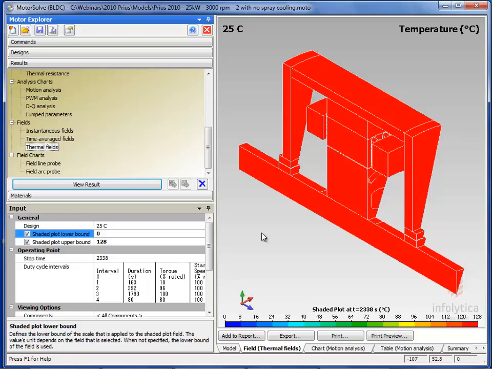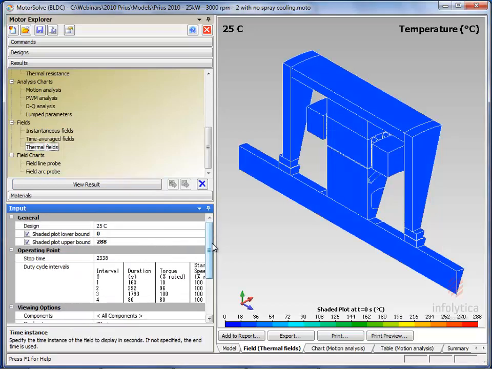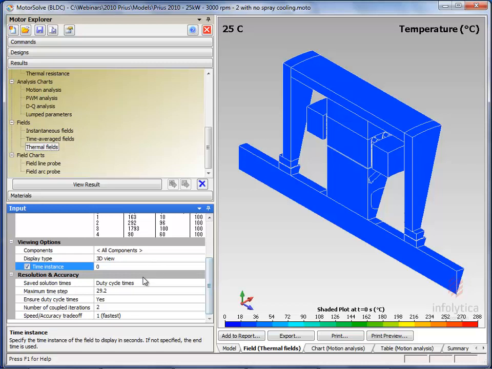The first one we're going to look at is with a range of temperature similar to the previous two. Note that the entire motor is above 128 degrees C at the end of the time sequence. So let's rescale with our upper bound so that as we move through the time sequence we can see the distribution of temperature change.